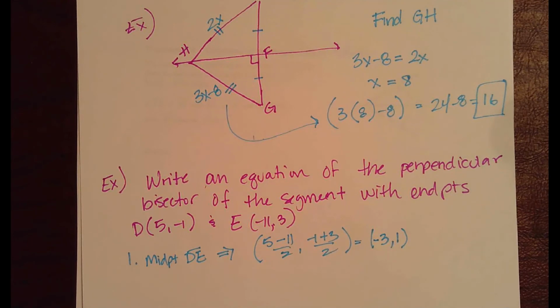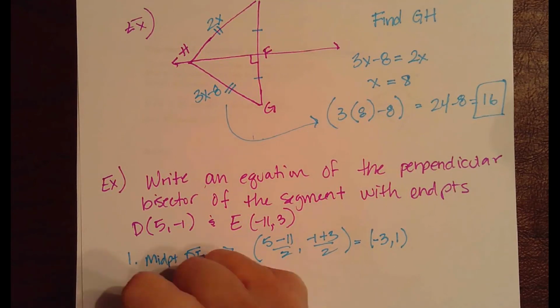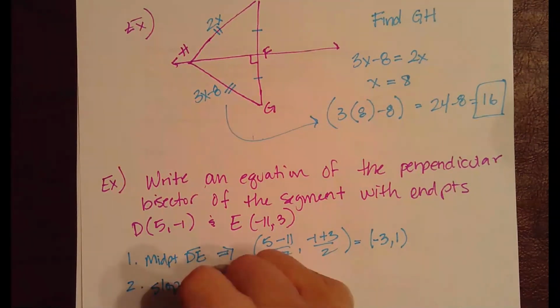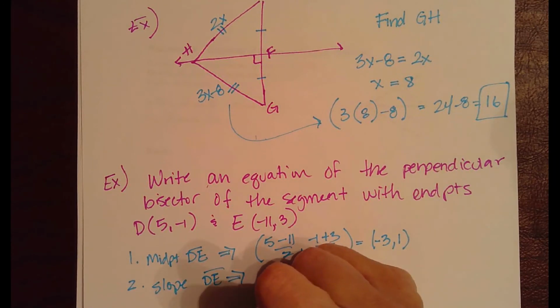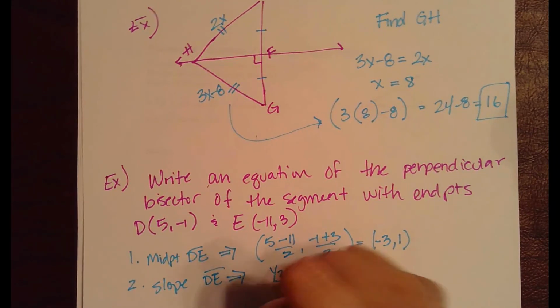Because we're going to write the equation of the line, and we want the perpendicular bisector of the segment with the endpoints 5, -1, and -11, 3, we're going to find the slope of D to E, because we need to figure out the equation. Remember, we're going to do y2 minus y1 over x2 minus x1.